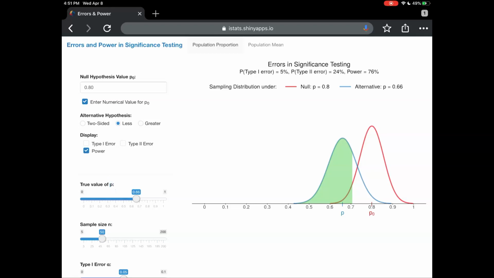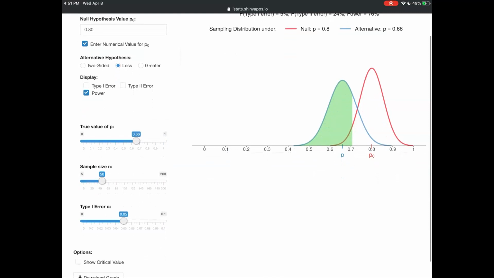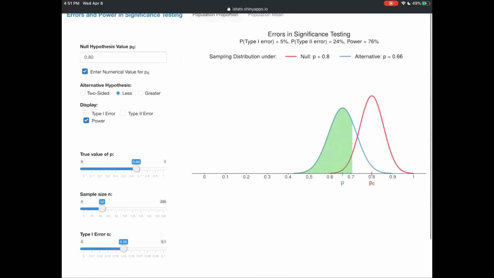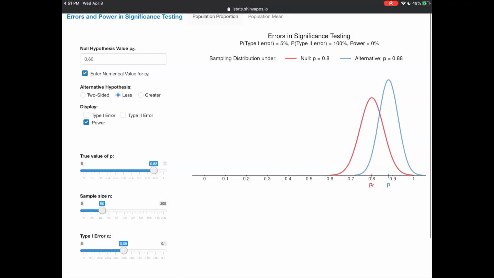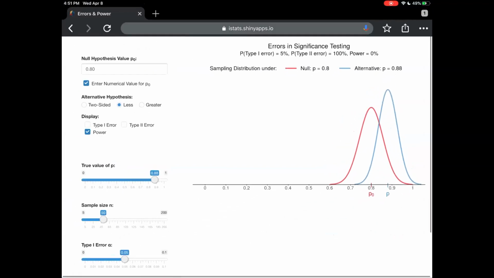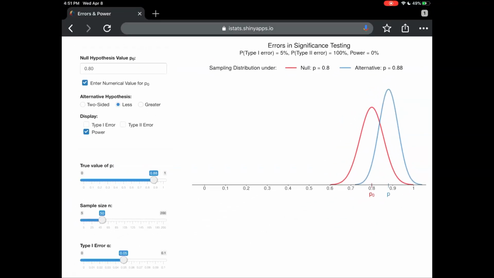Currently, our p-value is 0.66, and we see our power is at 76%. Now, what happens when I take the p-value and I increase it? I bring it closer to the 0.8. What happens? We see that our power actually decreased to 0. Okay, so increasing it made the power get smaller, but let's take a look at what happens when we decrease it.